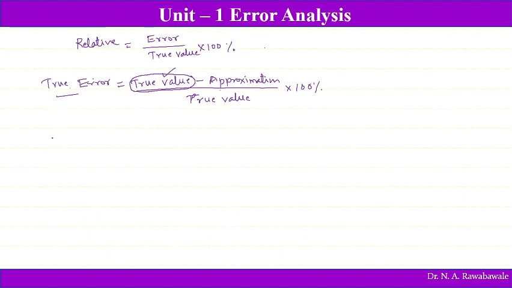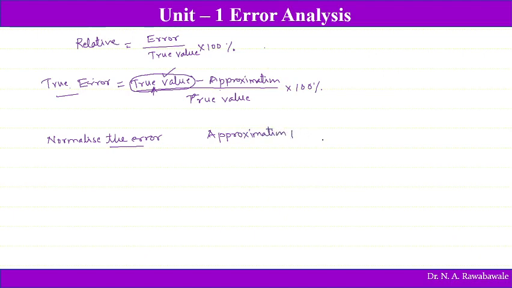Now normalization means normalizing the error. In which case do we have to normalize the error? When we don't know the true value, we know the first approximation, approximation 1.